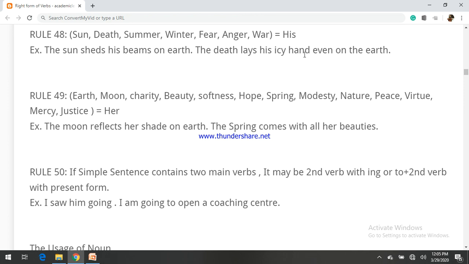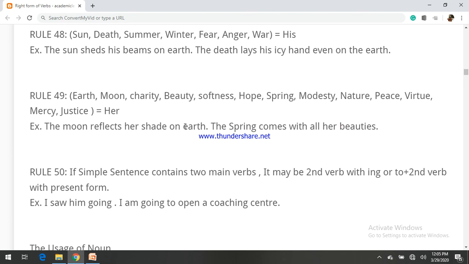The death lays his icy. Let's see his, the pronoun his, because death is masculine gender, compared to a boy or man. But the moon reflects her shade. The moon is compared to a woman or lady. That's why here is the pronoun her. The spring is also compared to women. That's why there is also her in the sentence.